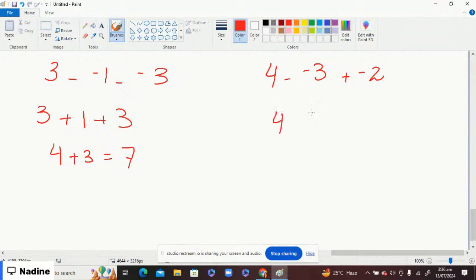So 4 into minus minus becomes plus 3, plus minus is minus 2. So 4 plus 3 is 7 minus 2. So 7 minus 2 is 5.